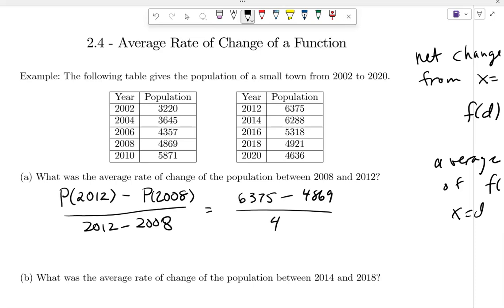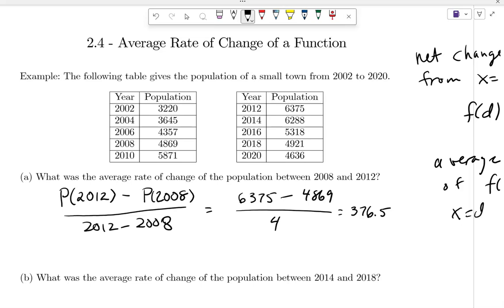What do you get when you simplify that? 376.5, is that what you said? Okay.